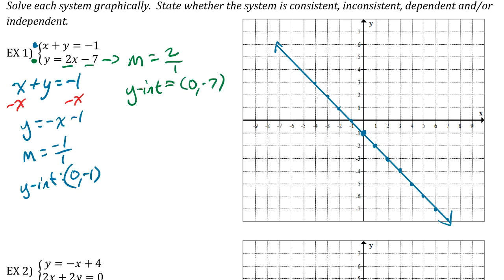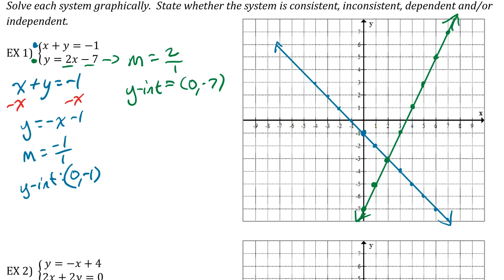So now we're going to do the same thing. We're going to start down here at -7. We're going to go up 2 over 1, up 2 over 1, over and over, and then we're going to draw the line through it.